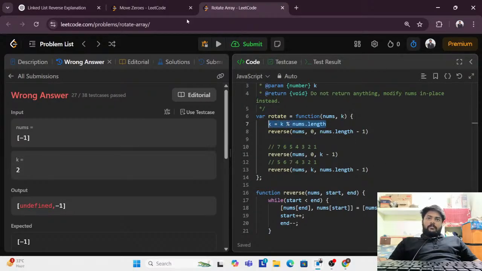So always remember that if you want to rotate something, you just have to use this formula, right? It gives the exact actual number of rotations.